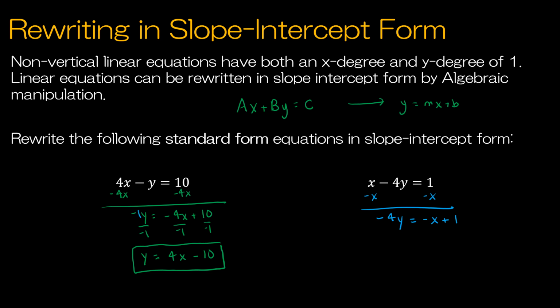I need to divide by -4. So if I divide everything by -4, that's going to leave me with positive y. And here, again, it's not a bad idea to put a 1 in front of that x, because now I have a -1 over -4, or positive 1/4 x. And then I have positive 1 divided by -4, so minus 1/4.